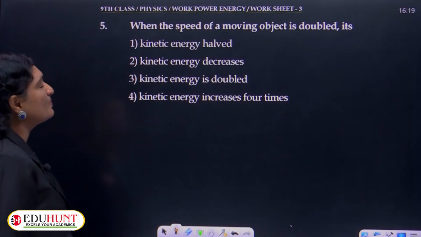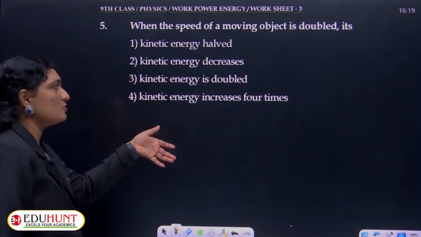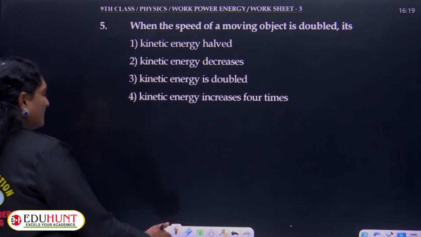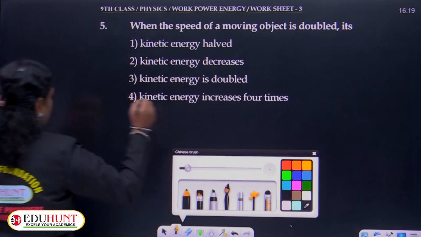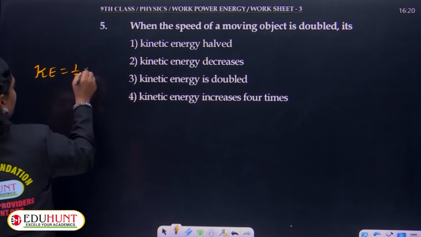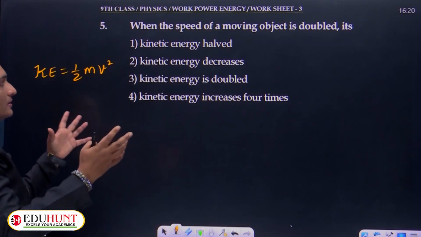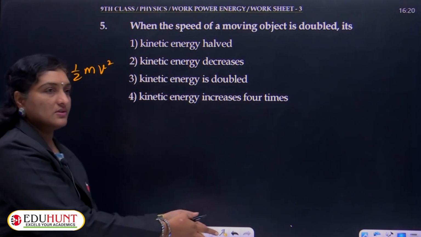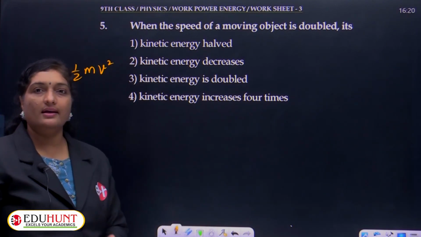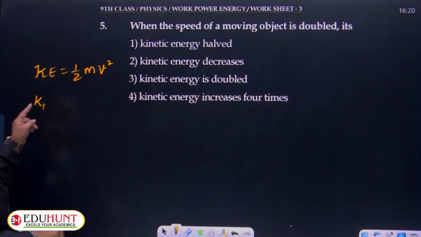And fifth one, when the speed of a moving object is doubled, its kinetic energy is. What happens to its kinetic energy? Children, as we know, what is the formula for kinetic energy? KE is equal to half mv square. Okay, so let us compare two cases: initially what would be the kinetic energy and finally what happens. Initial kinetic energy let us represent with K1.